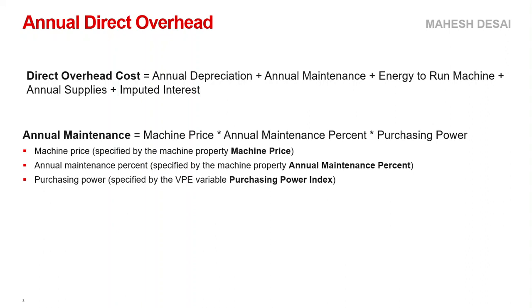Purchasing power is specified by the BP variable purchasing power index. A bigger company has more purchasing power, so we say high or low purchasing power. If it is a small scale industry, the purchasing power is low. The purchasing power index is a variable that we can set.